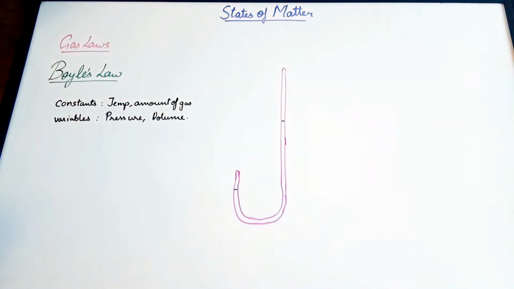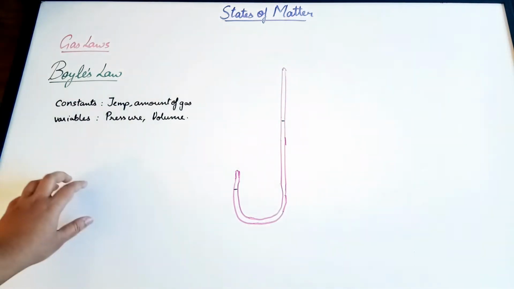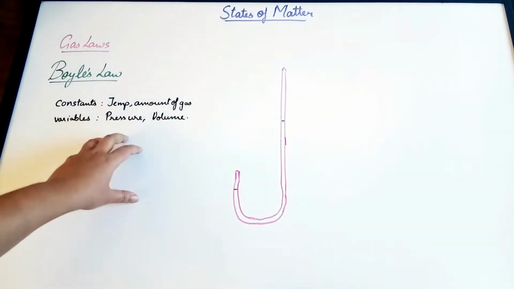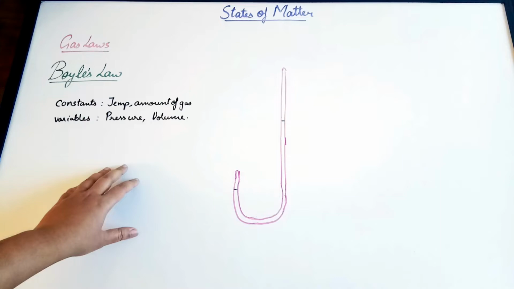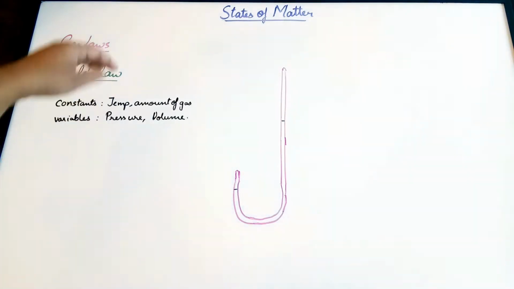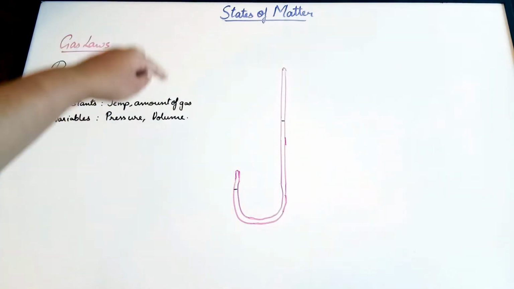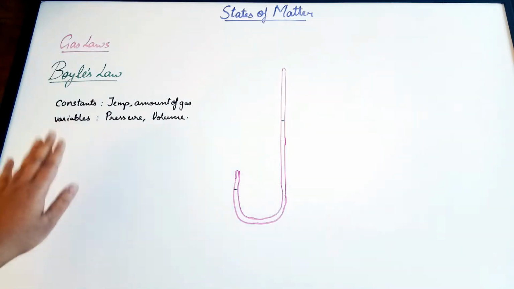So in Boyle's law, we will be learning how pressure and volume are related, and this is done at a constant temperature and the amount of gas is also going to remain constant.